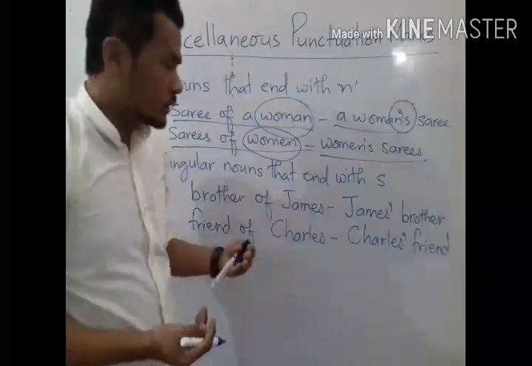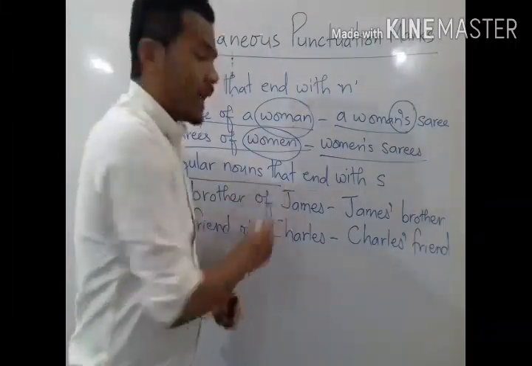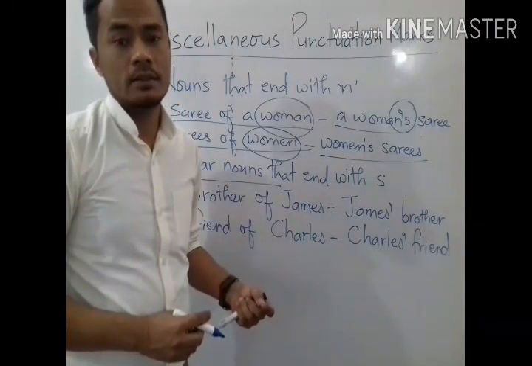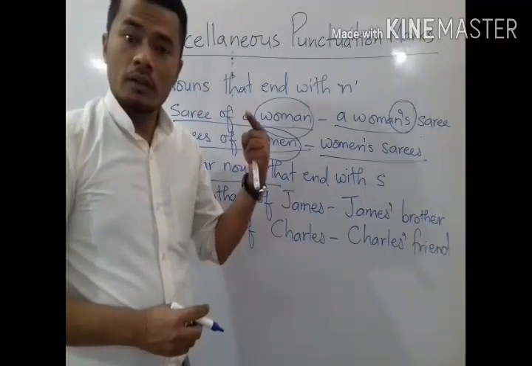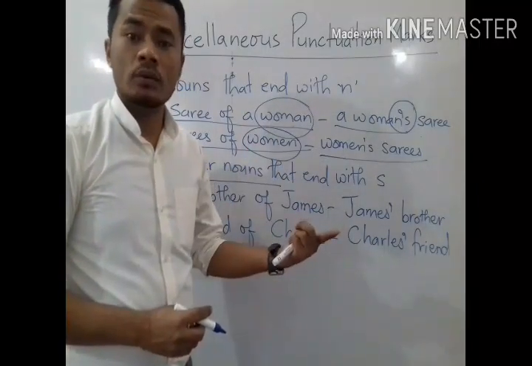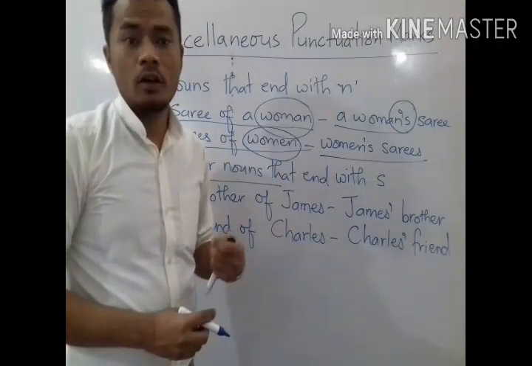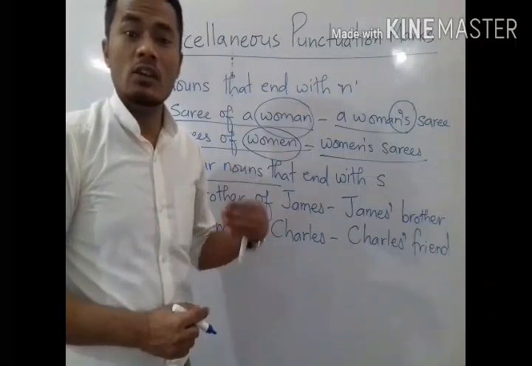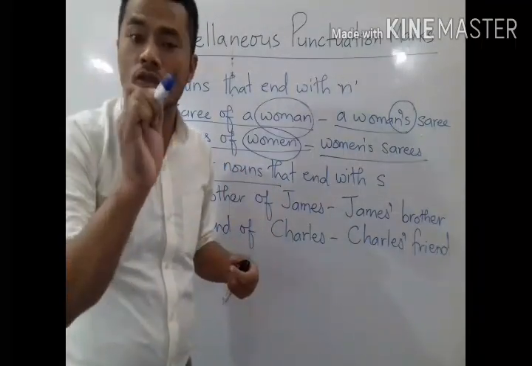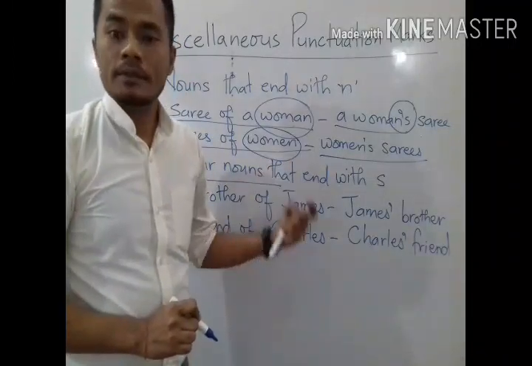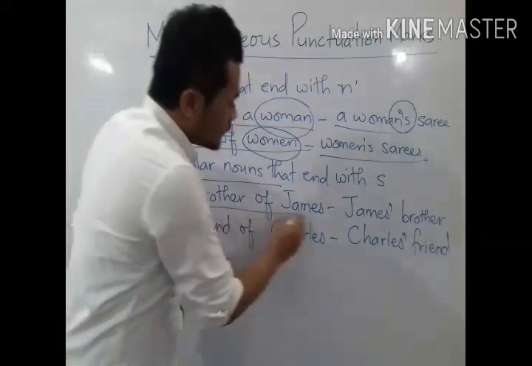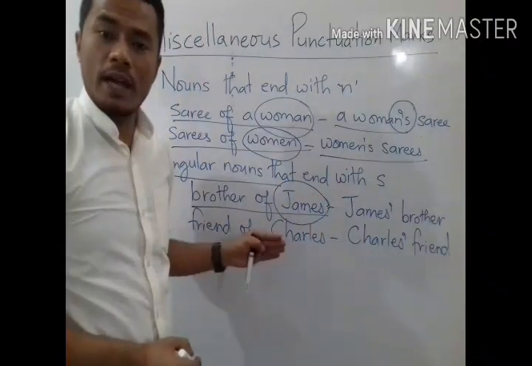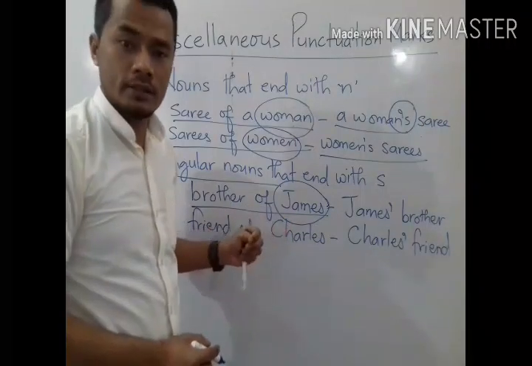Now another important point: if a singular noun of which we are showing the possession ends with s, then in the singular case also we have to use only an apostrophe after the singular noun. Like see here, brother of James. Here James is the name of the person of which we have to show the possession.